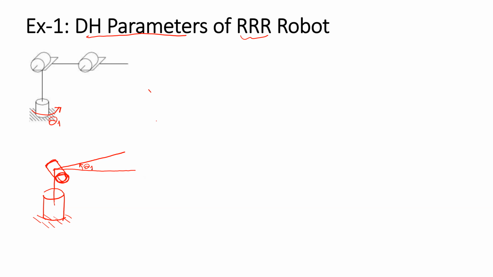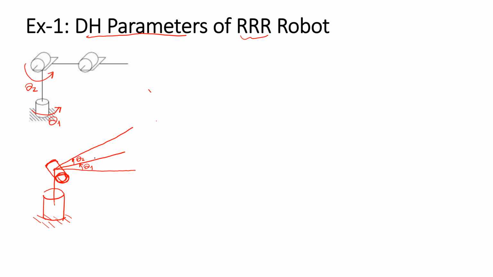And what happens if we also rotate this with theta 2? Of course, it will lift in the vertical direction with theta 2. The theta 1 is the rotation in the horizontal.